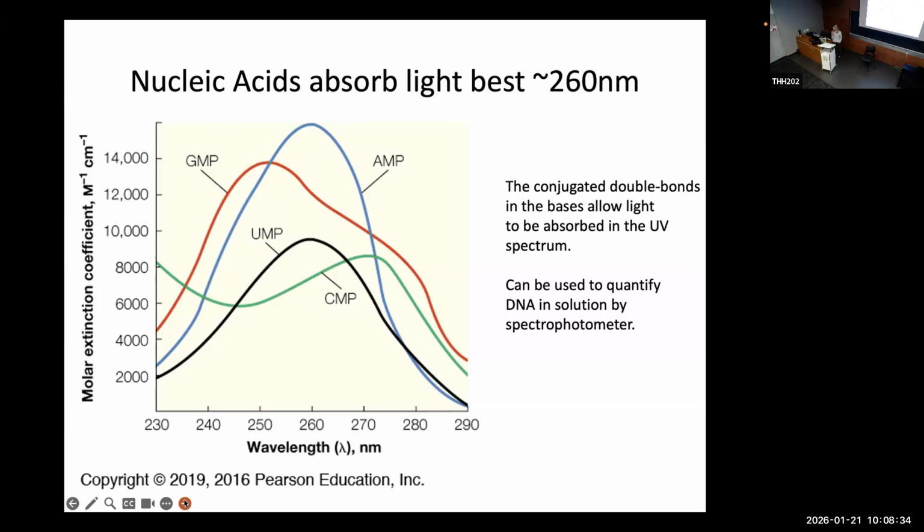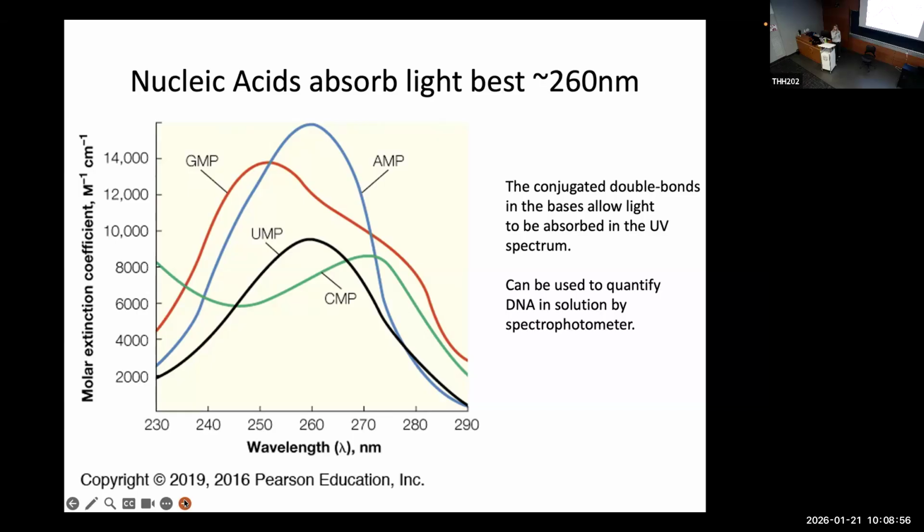But if you do this, sometimes you will also get a reading. You will also shine a different wavelength of light at 280, and you get a ratio. That's a 260-280 ratio. What is being measured at 280 are proteins.